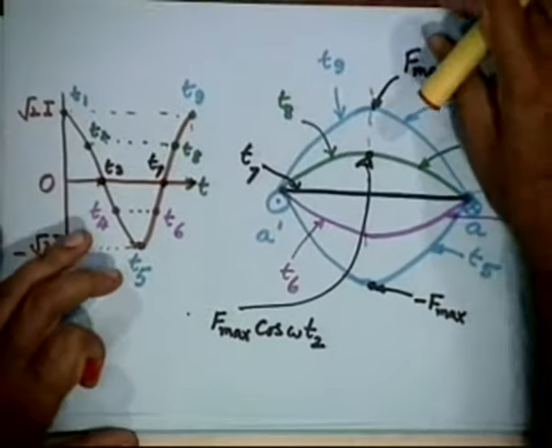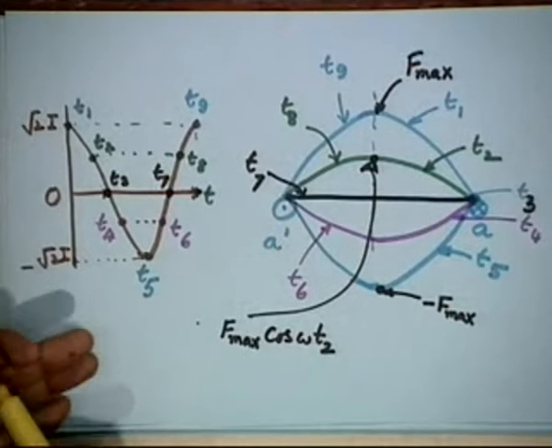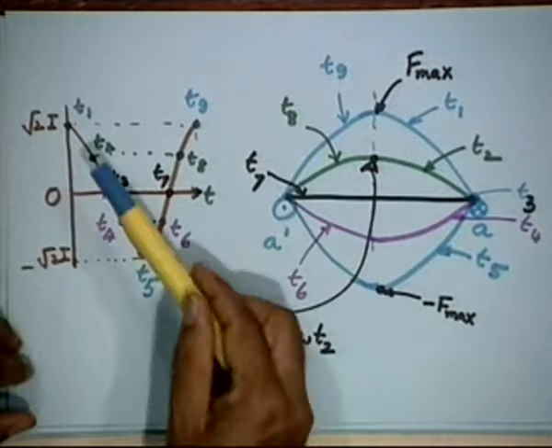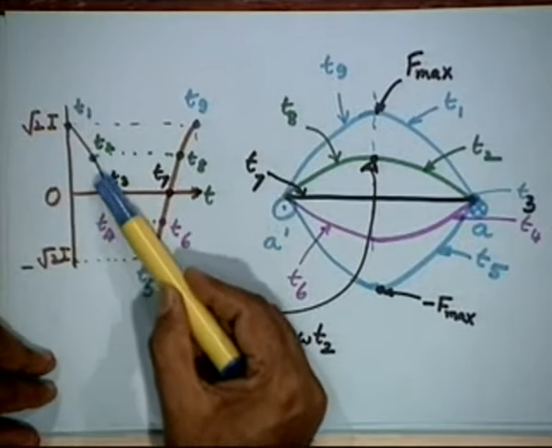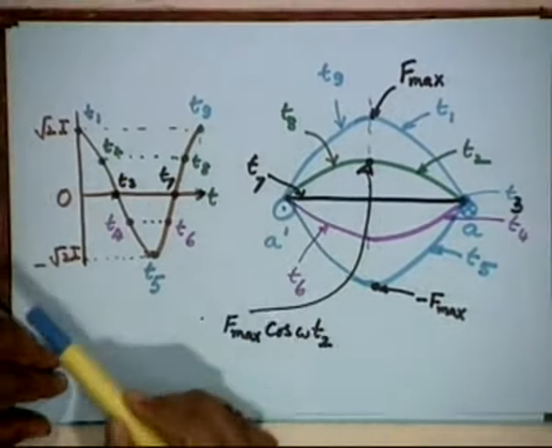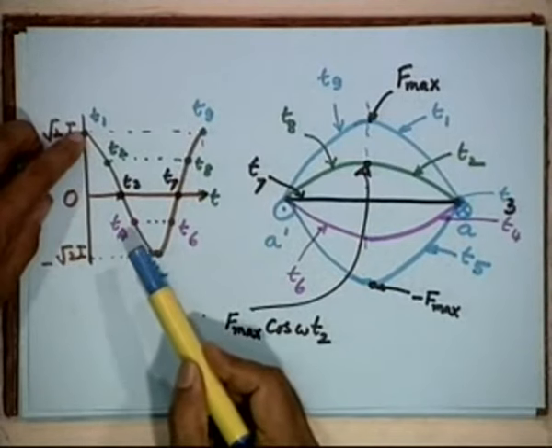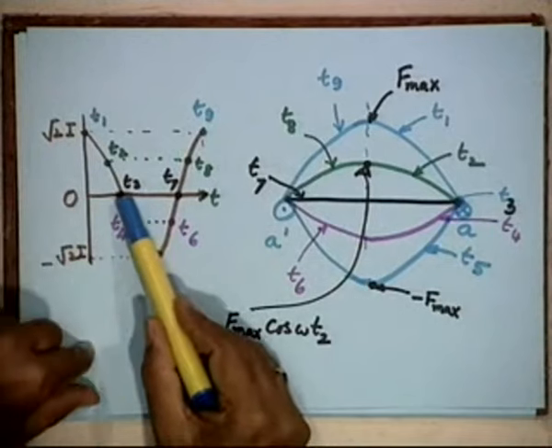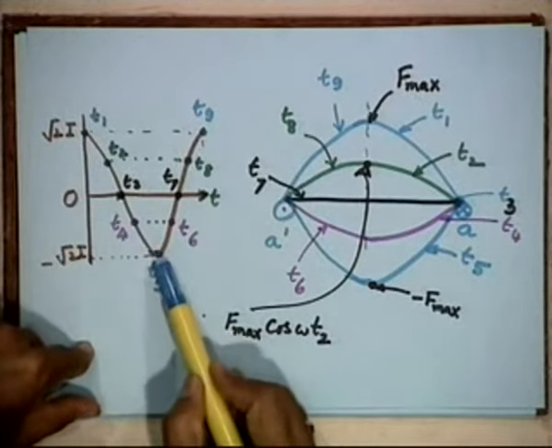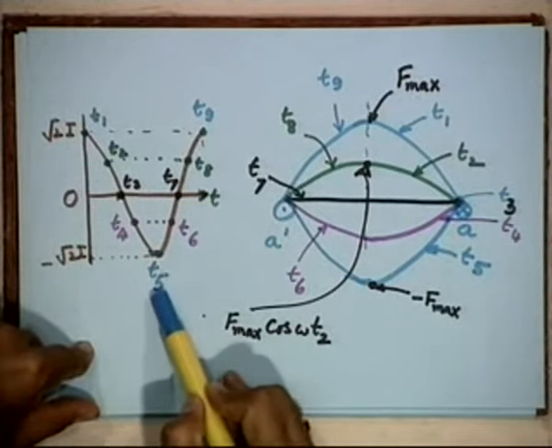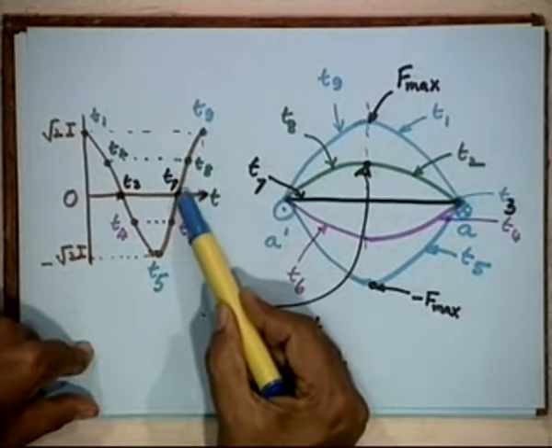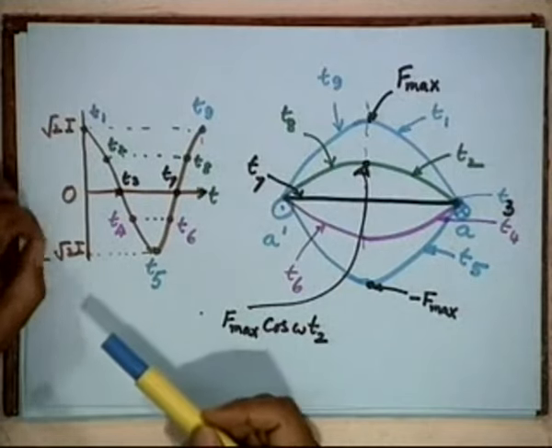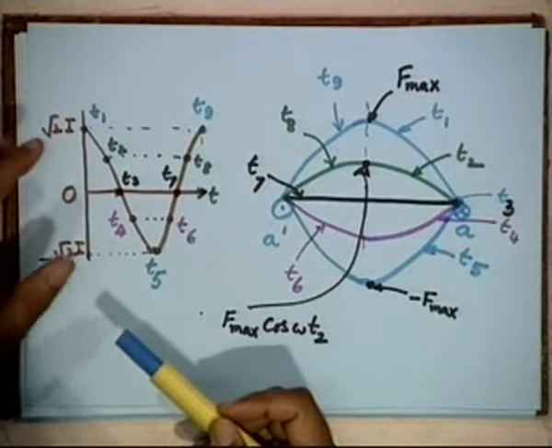Okay, now you can look at these graphs. Your current is varying in time with a peak value at time t equal to 0, a 0 value at some other time, a minus peak value at some other time, then goes to 0 and another peak value. Let us look at what happens at each instant of time, right.